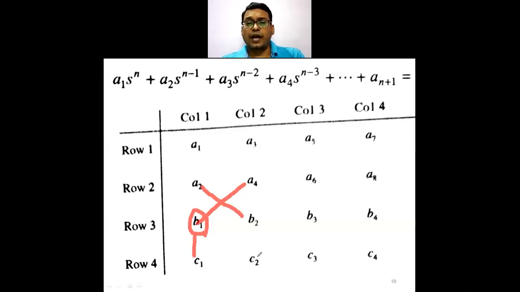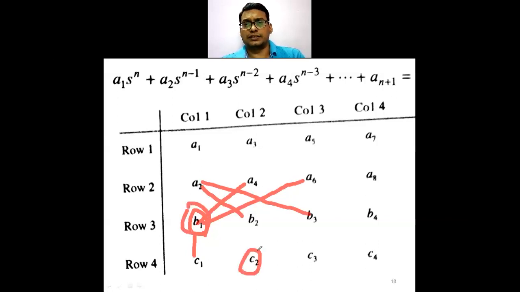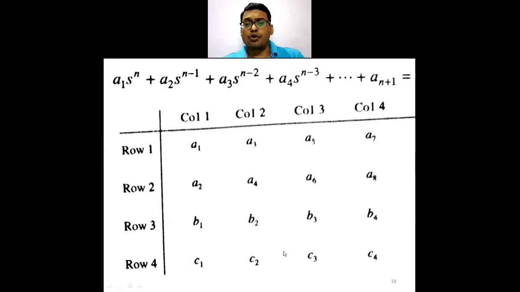Similarly, C2 will be the multiplication of B1 and a6 minus a2 and B3, divided by B1. You will get the value of C2 like this. Similarly, you can go for the fourth row, fifth row, sixth row.